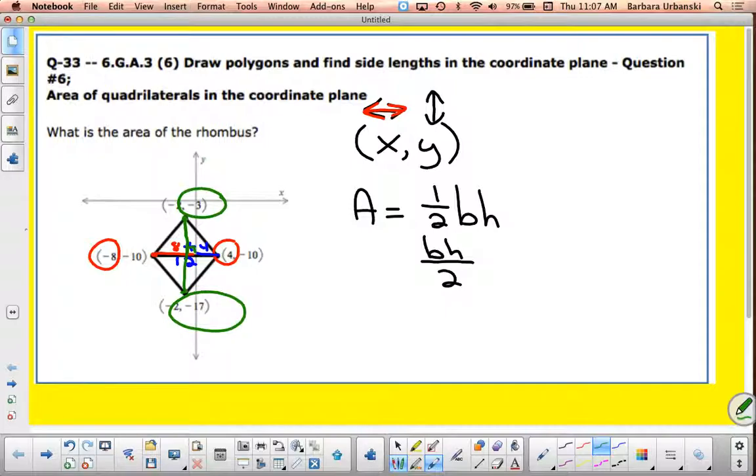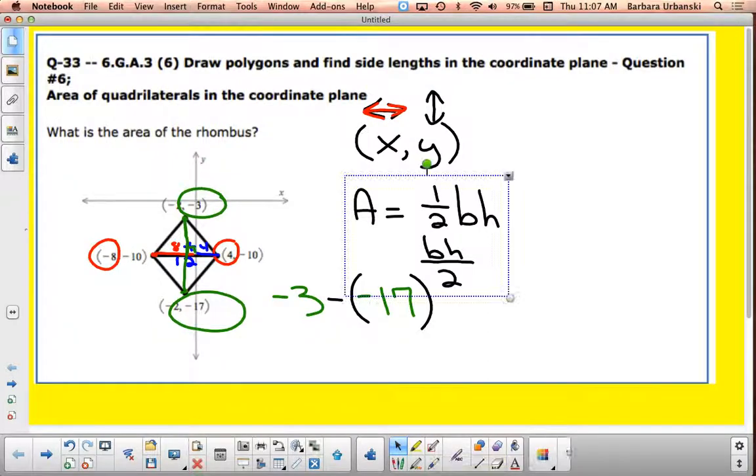We need to find out what is in between -3 and -17. When we say what is in between, we need to find the difference. Finding the difference implies subtraction. I'm going to put this in parentheses because it's more readable. It has nothing to do with order of operations.